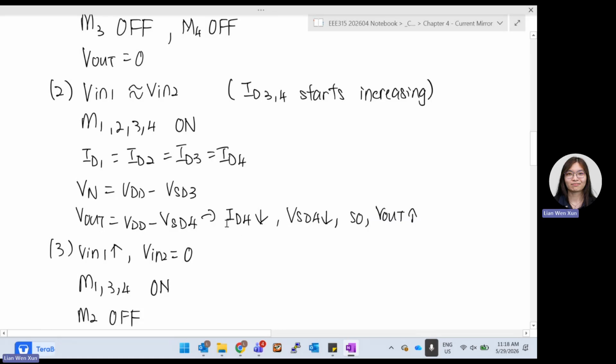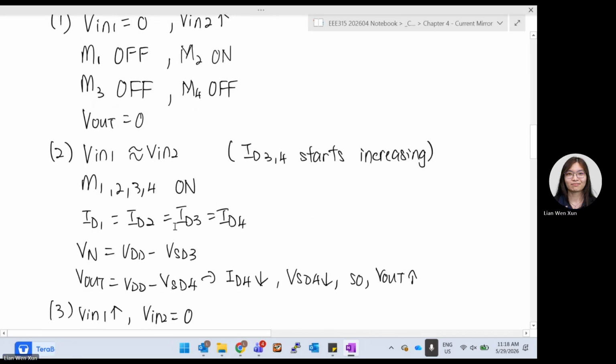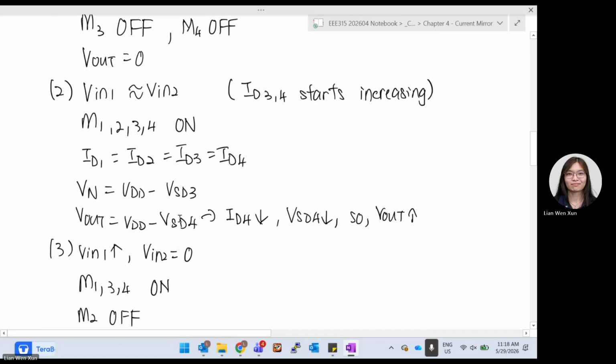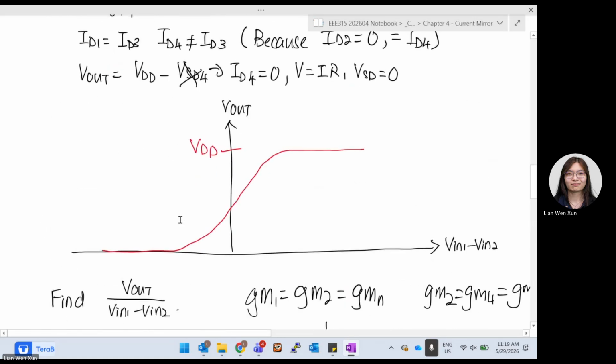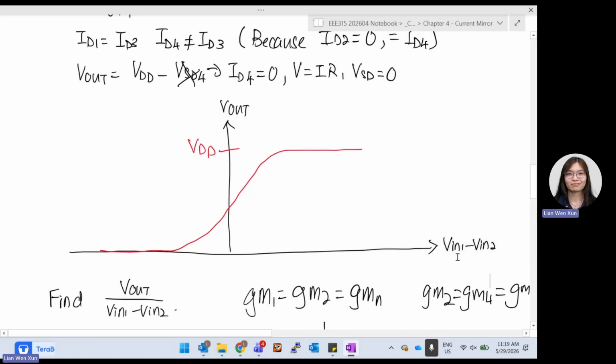Because your VSD4 is decreasing. If Vin1 minus Vin2 equals 0, when they are exactly the same, Vout should be around half of VDD only.